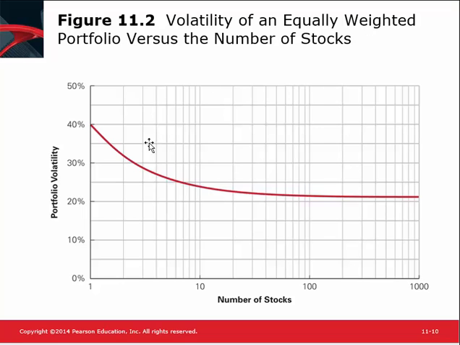Now, in reality, what happens when you create equally weighted portfolios, as you increase the number of stocks in your portfolio, is that the total volatility declines, right? There is a decrease in the total risk. But eventually, no matter how you put things together, this risk levels out and you won't get any more reduction.